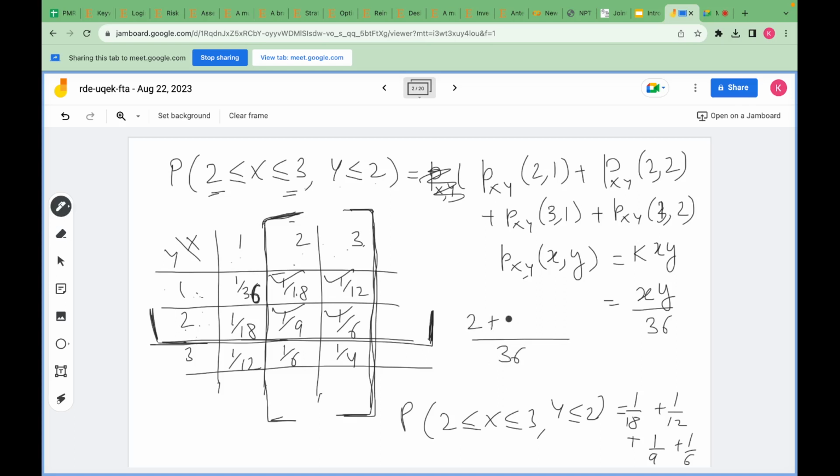This will be 2 plus 3 plus 4 plus 6, 15 by 36. So this expression is equal to this 15 by 36. Okay.